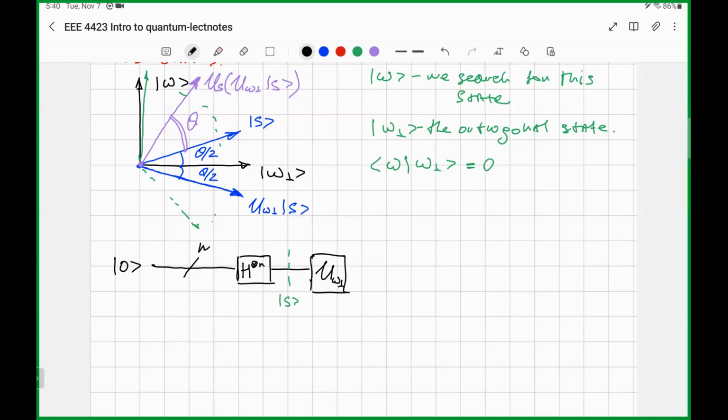This gate reflects the state S across the vector omega orthogonal.